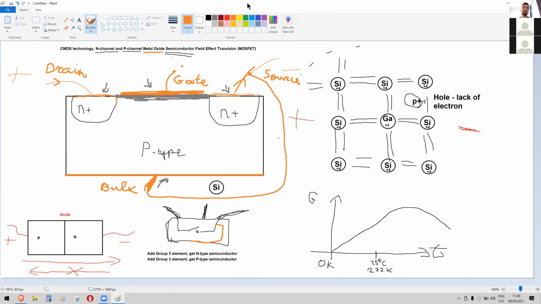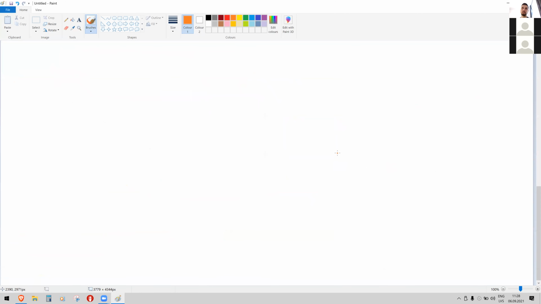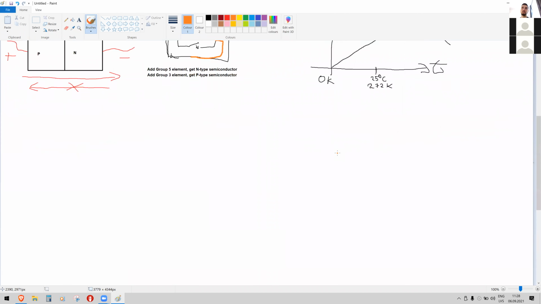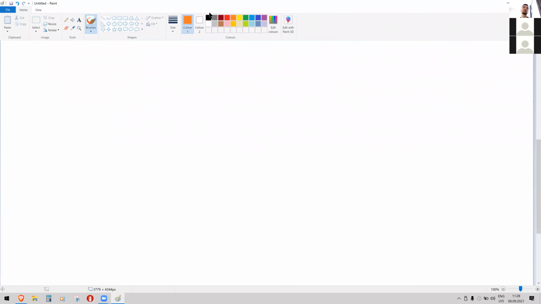And now I will also draw you a schematic symbol of transistor. So transistor in schematics looks like this. So we have one pocket, bulk, and another pocket.